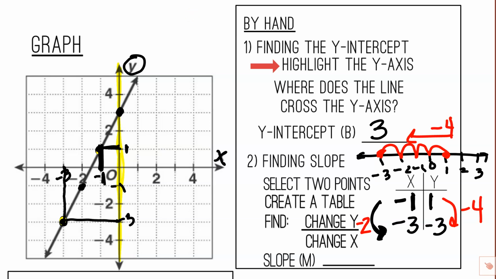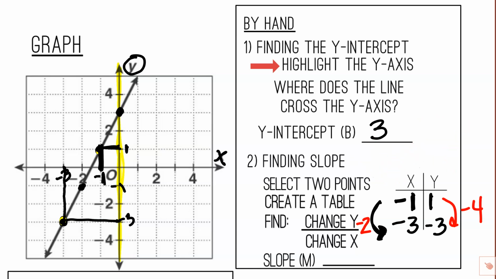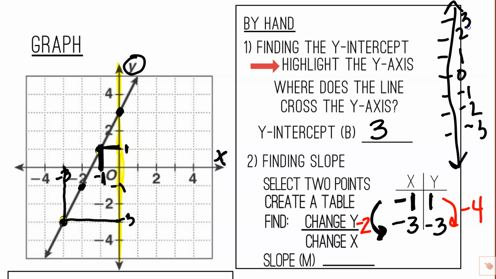Now, if that doesn't help, what you can also do is a number line like this. Let me go ahead and show you. Usually I have this number line in class, so you guys can see it in class. I think it actually helps better. If you have a number line going like this, here's a 0, here's -1, -2, -3, 1, 2, and 3. So again, from -1 to -3, I went down 2, right? 1, 2.